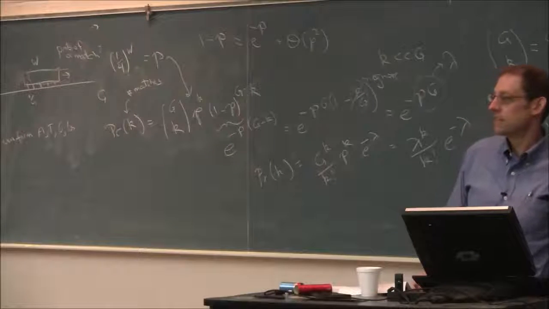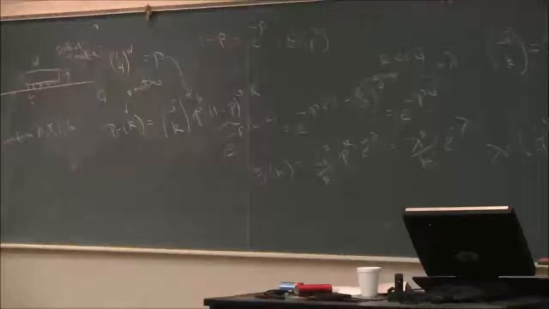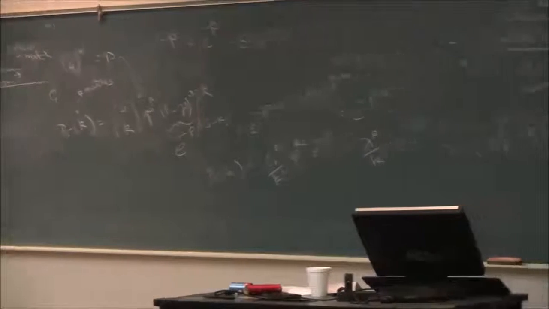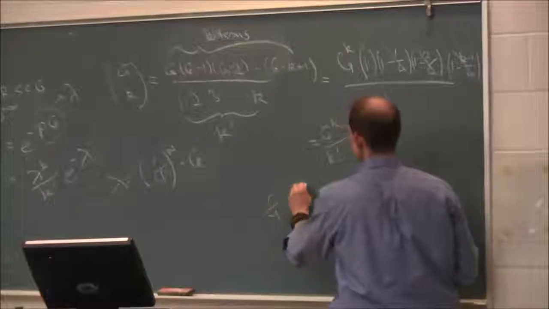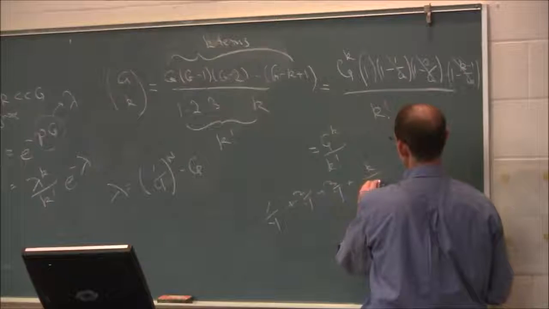The way for solving that problem is you go through this step, but instead of ignoring these factors of 1 over y, where y is the number of days in the year, you take the lowest order contribution in 1 over y, which becomes something like k times k minus 1 over 2. You're summing up 1 over y plus 2 over y plus 3 over y plus up to k over y.